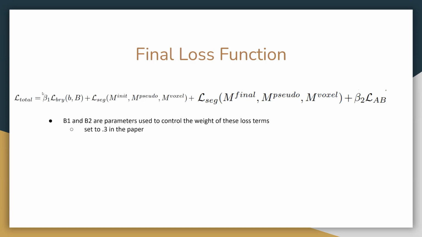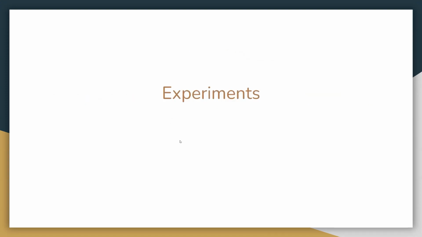The authors of the paper stated that both of these hyperparameters are set to 0.3 to control the weight of these loss terms. So now that the architecture is established, I can talk more about the experiments they conducted.